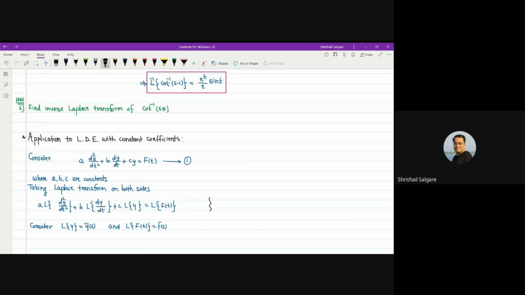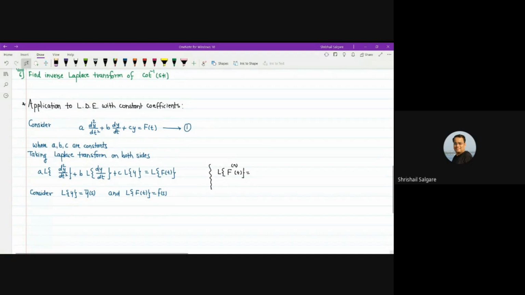Can anyone recall what is the Laplace transform of f raised to n, n means nth derivative of t? Can you refer your notes? Laplace transform of nth order derivative.